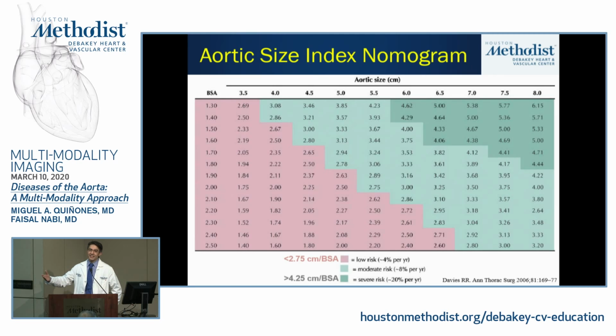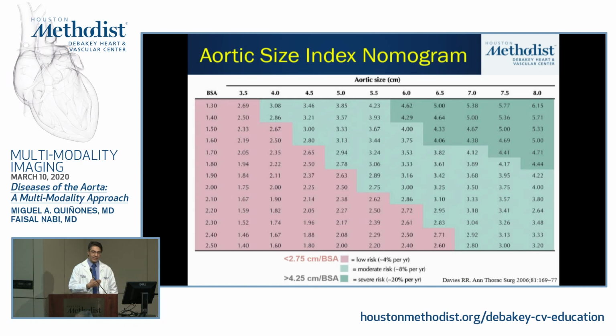There are publications out there by CT that can index your aorta to your BSA. And in this study, low-risk patients were those who had less than 2.75 centimeters per BSA, and high-risk patients were those who had greater than 4.25 centimeters per BSA. Now, what's interesting is that this is not foolproof either.